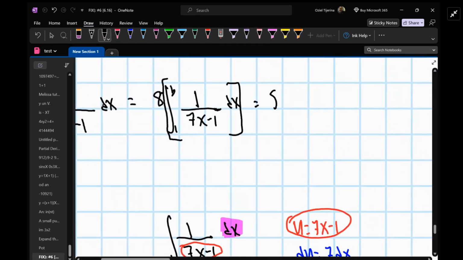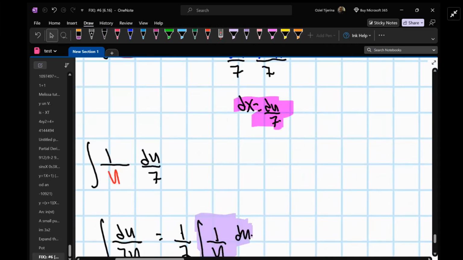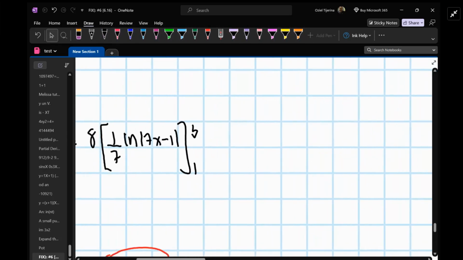So this is 8 times the quantity 1 over 7 natural log of the absolute value of 7x minus 1, from 1 to b. And now we can do the fundamental theorem of calculus and then find the limit.